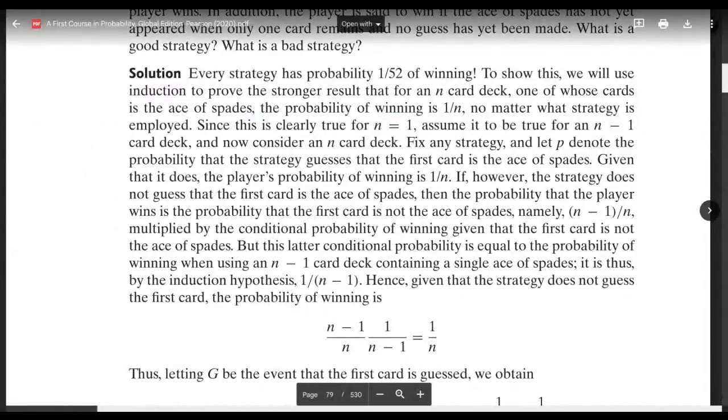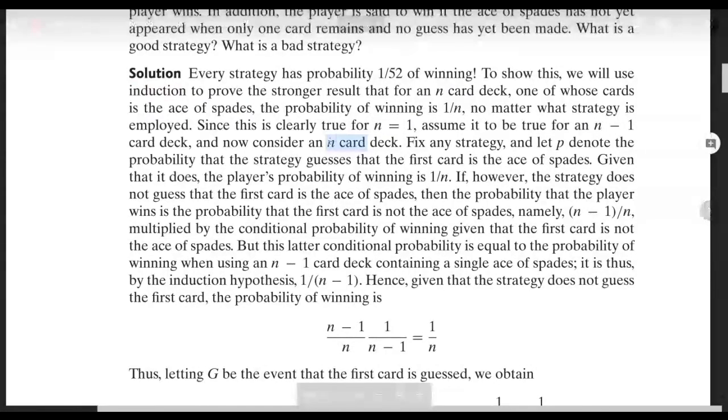Then we need to prove it for n. Induction proof has 3 steps. We do the base step, usually letting n equal 1, whatever the variable is. Then we assume n-1 to be true. Then we use this to prove the case of n is true.